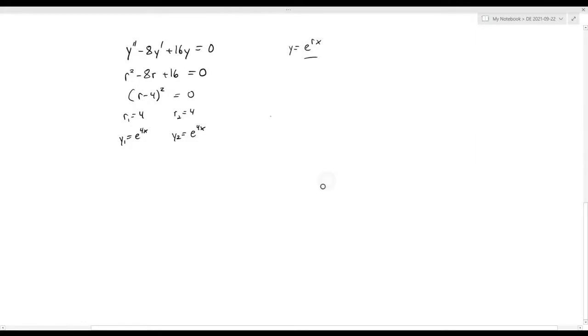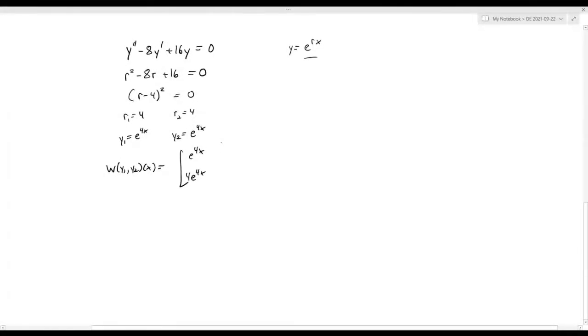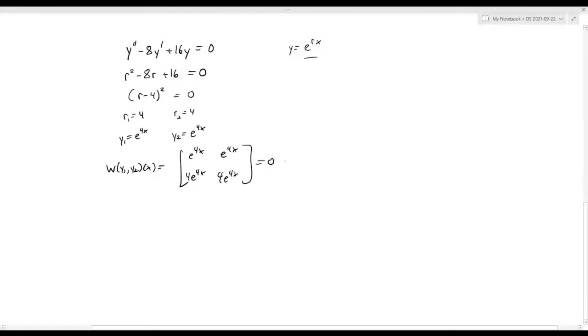I mean, the Wronskian would be 0 everywhere. Right. So you would get, without doing any computations, the determinant of the matrix that has repeated columns or rows must be 0. So that would be 0 everywhere.